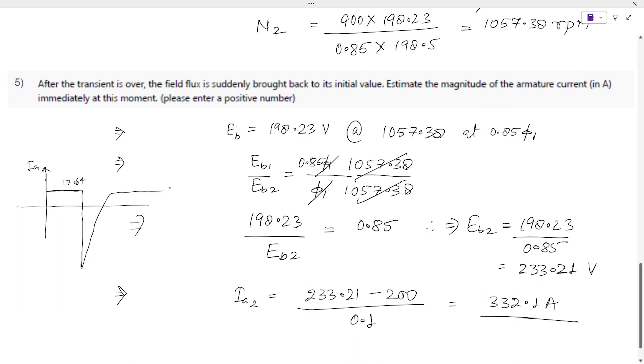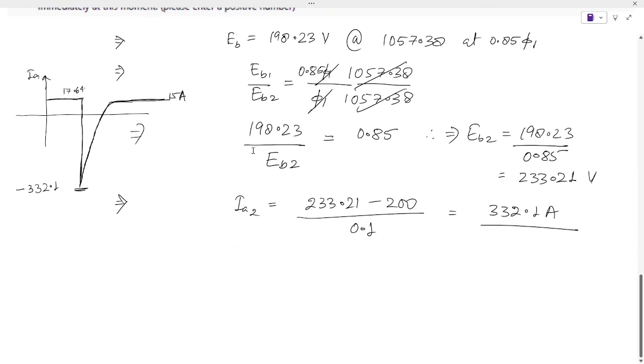Original value was 15 ampere, na? So when you have changed the flux, it will go negative like this and touch the maximum value of minus 332.1, then settle down as per the time constant and come back to 15 ampere, because we are restoring the original value of flux. Okay, clear? Yes or no? Yes, sir. Okay.